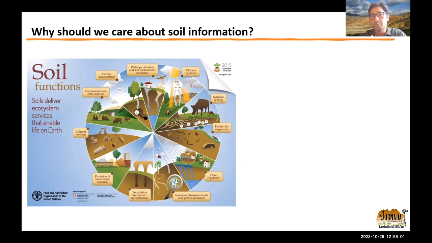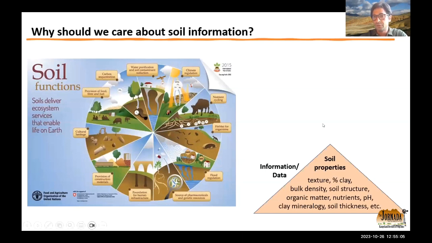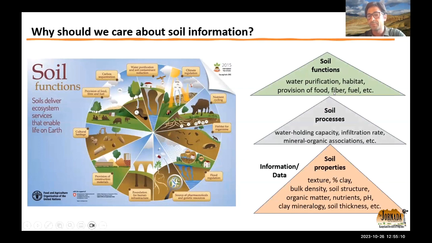I'm not going to be talking about all these functions, but what I want to say is how these functions relate to my work. So here I have three triangles. The bottom triangle shows a set of soil properties. Soil properties are features that we can determine in the field and in the lab.